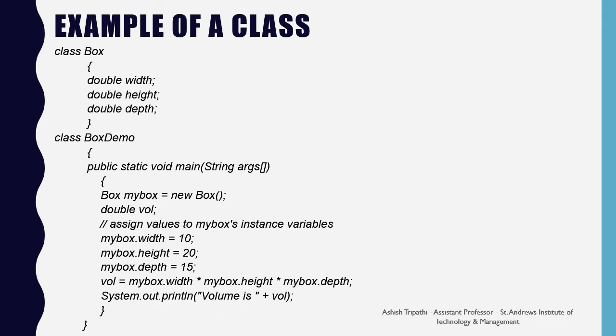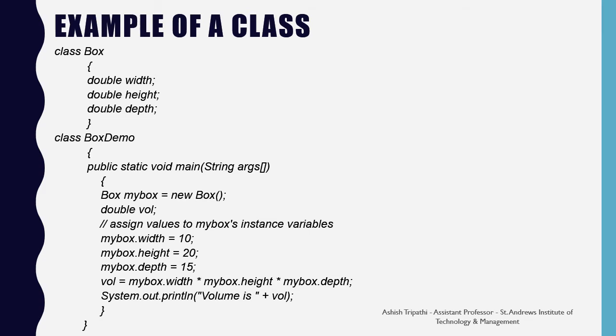In this example, a class named Box is defined with three instance variables, namely width, height, and depth. Next, in the BoxDemo class, the main method is defined in which an object instance myBox of class Box is made.